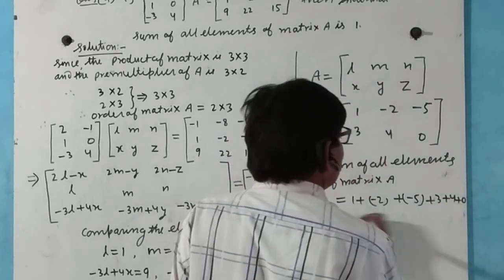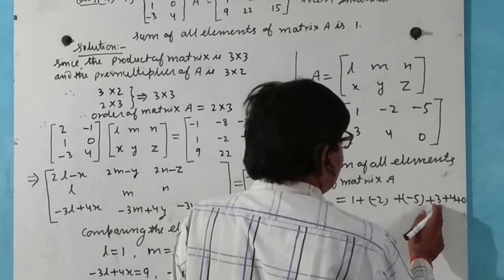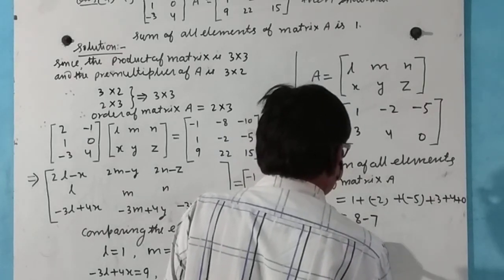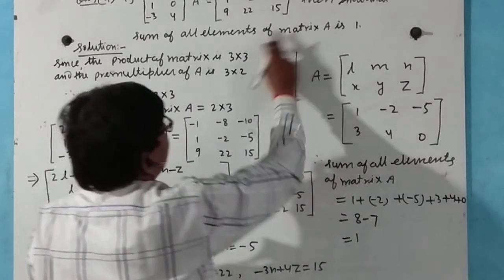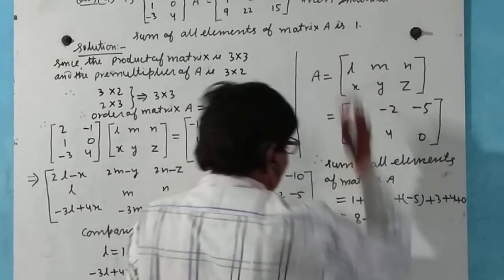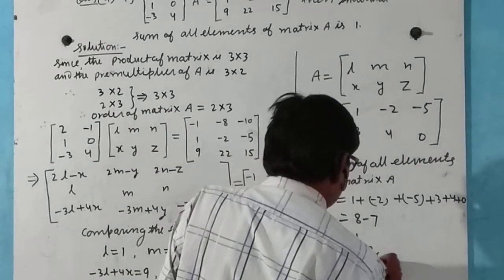This is equal to 8 minus 7, which is equal to 1. So the sum of all elements of matrix A is 1. Hence proved.